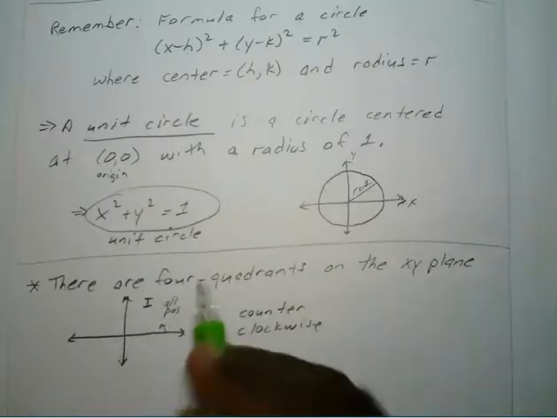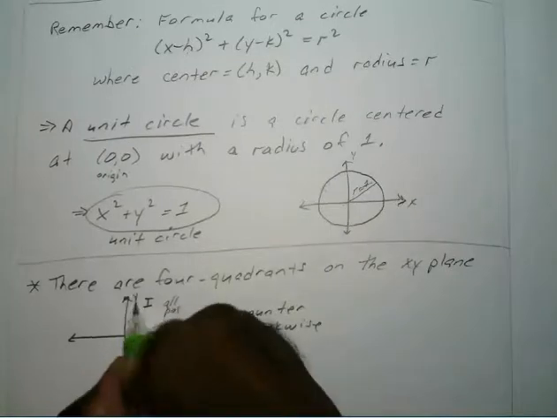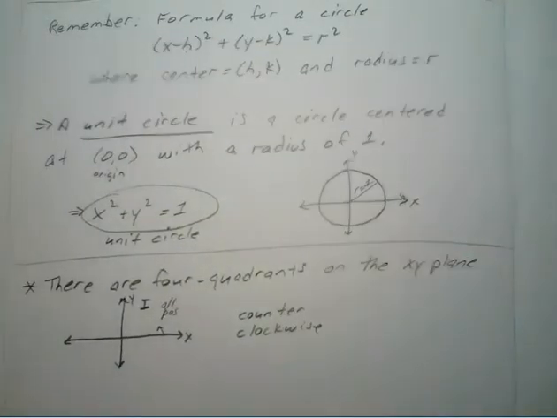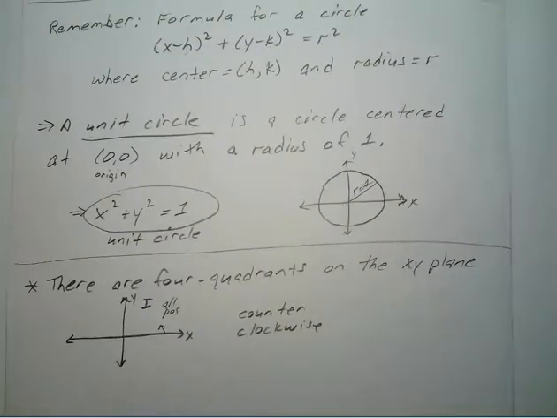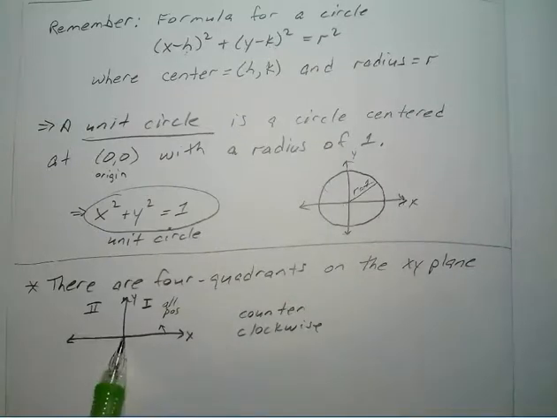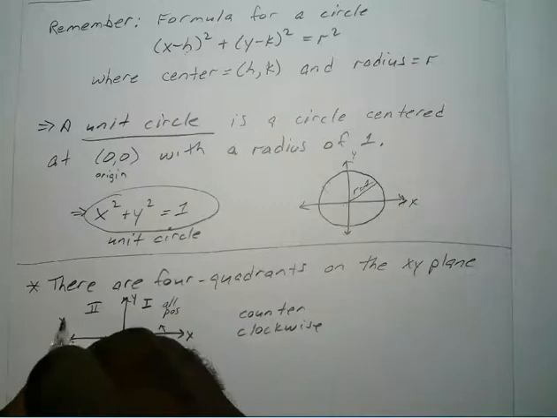Because remember, it's still your x and your y-axis. So your x and y-axis are both positive in quadrant 1. Okay, so you have quadrant 2, but remember, this is your x-axis, so all the x values are negative.